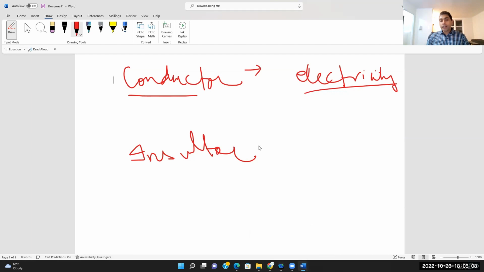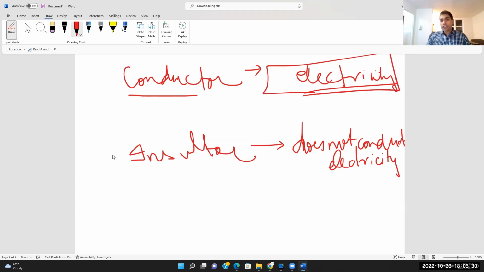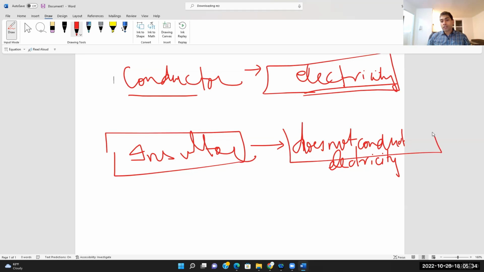Similarly, an insulator is a substance that does not conduct electricity. So a conductor is a substance that conducts electricity, and an insulator is a substance that does not conduct electricity.